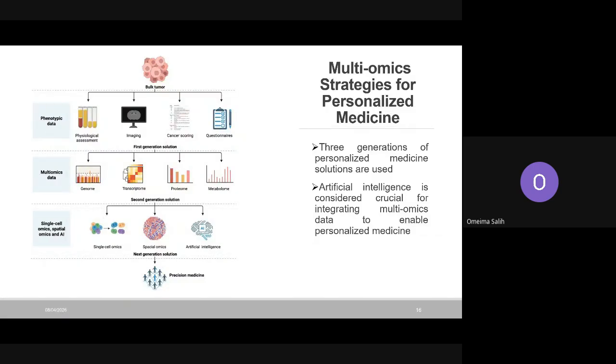So multiomics is very important now for studying and for use in precision medicine. And as you can see here, artificial intelligence became part and parcel of this analysis of data.